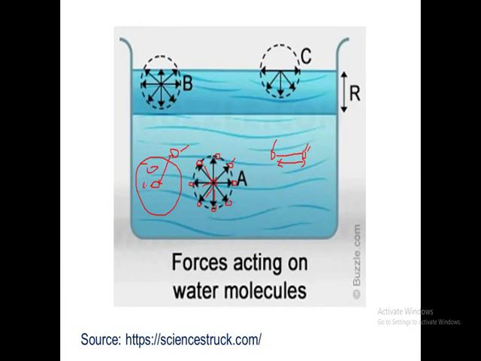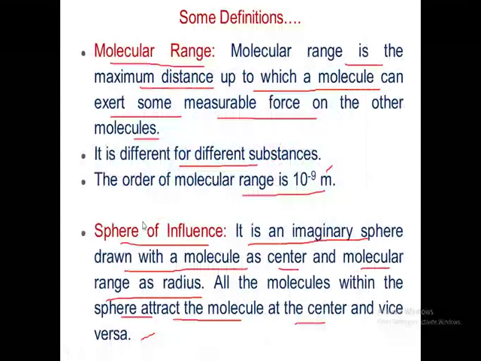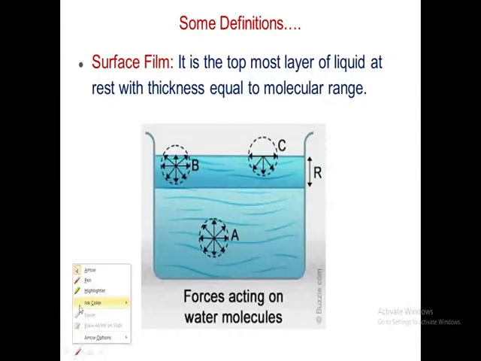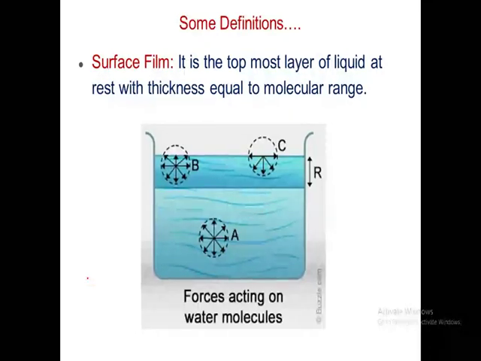As long as they are inside the sphere of influence, there is always going to be a force of attraction between the center molecule and the others. So that is what is called sphere of influence, right? We defined the molecular range and we defined sphere of influence. Next, we have one more definition, what is called surface film. So what is surface film? It is the topmost layer.